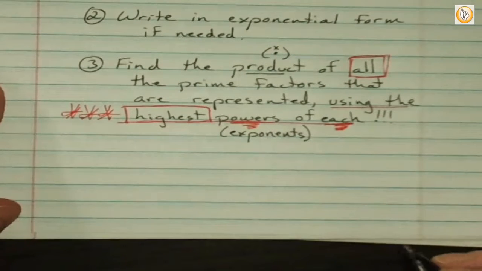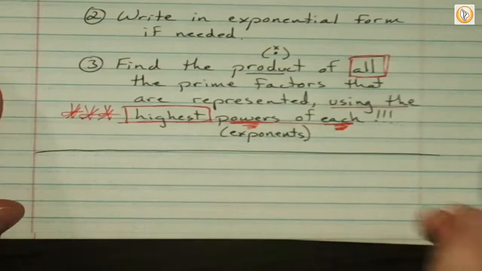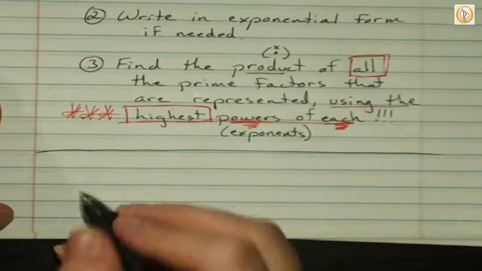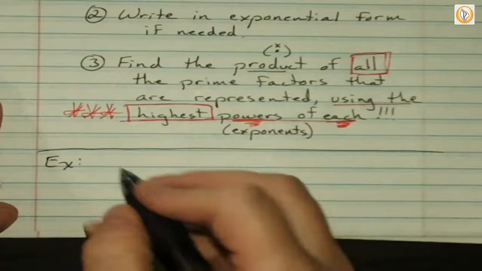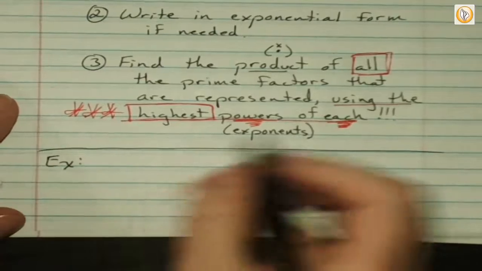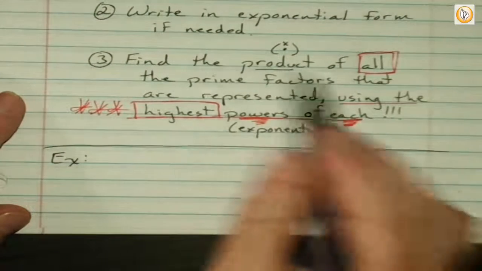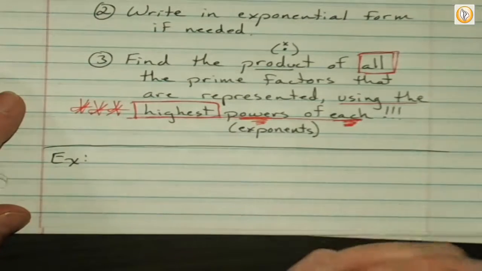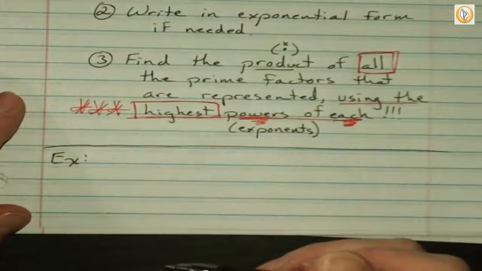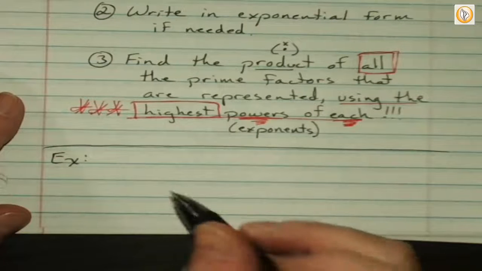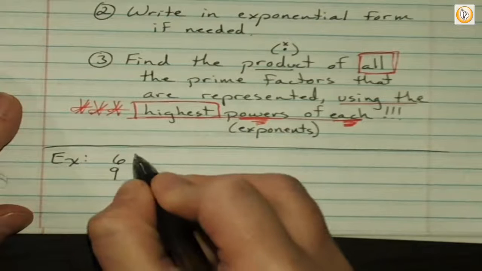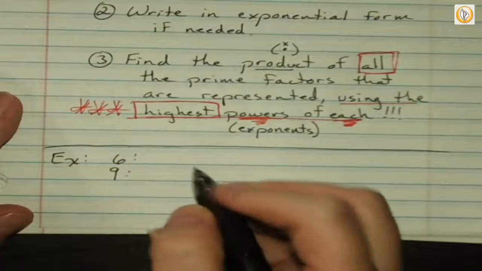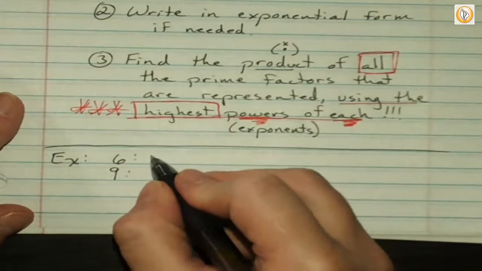Okay. Now, let's review real quickly. All right, so the example I'm going to give you is not of this. It's just to show you what we're doing in a different way. So let's say I want to find the least common multiple for 9 and 6. So Tanner, what are my multiples?